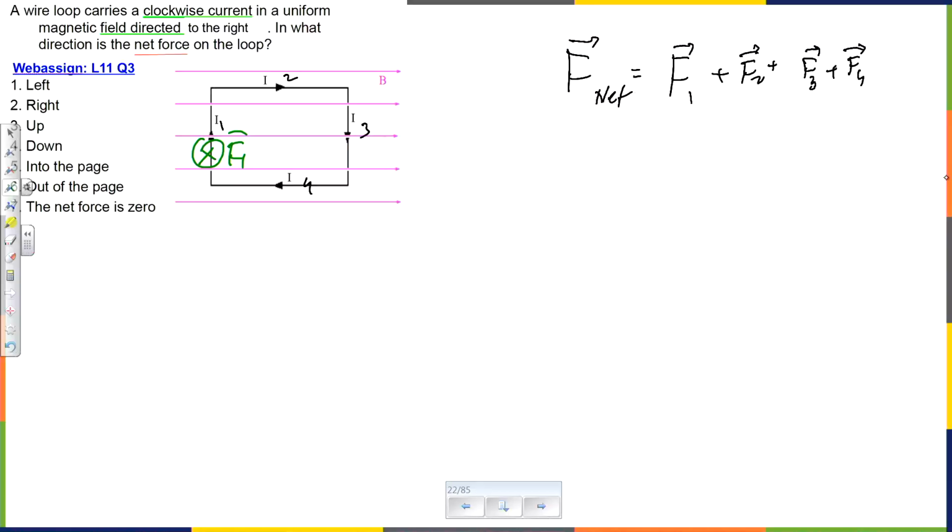All right, let's try left. If current is to the left, fingers don't show magnetic field. If fingers show magnetic field, index finger doesn't show. Can I use my left hand? No. What do we do? What conclusion should we make?